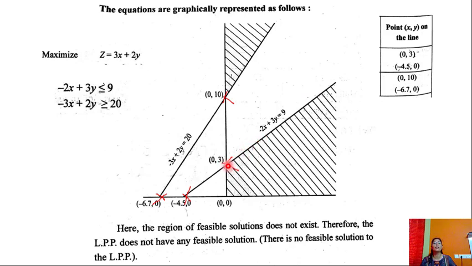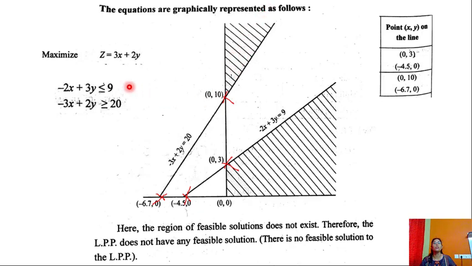If this is 3 on the y-axis, then our region will be the lower region, below 3. Now the second equation is greater than equal to 20. This is equal to 20. And here, if this is 10 on the y-axis, so the next points 11, 12, 13, it goes on like this. So this will be the region which is greater than equal to 20.